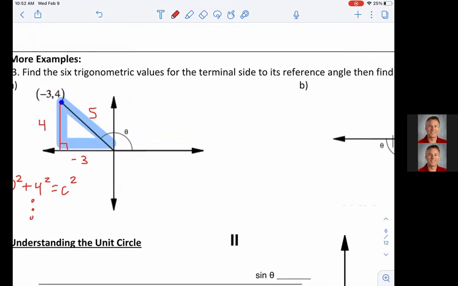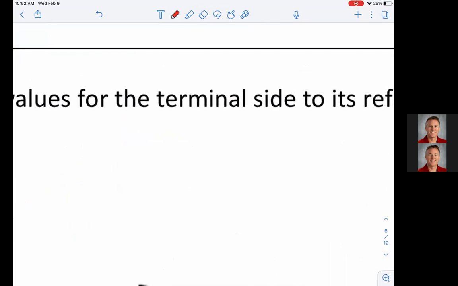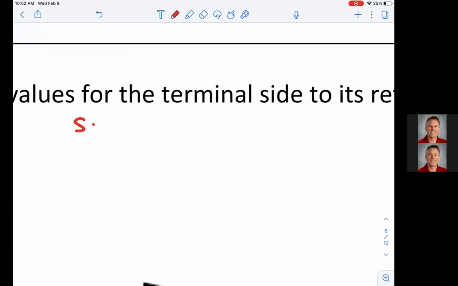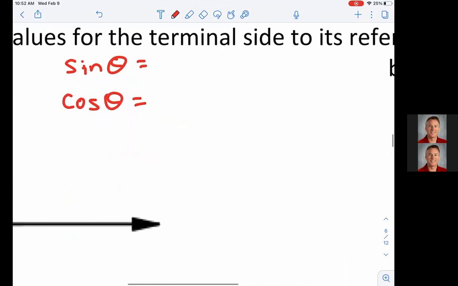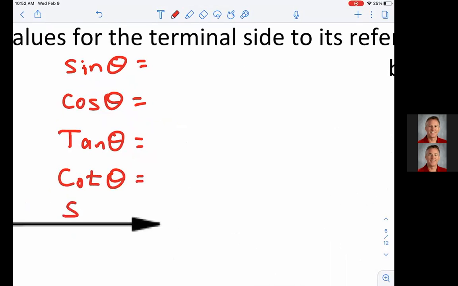So I want to find the sine, cosine, tangent, cotangent, secant, and cosecant. So let me write those down. The sine of theta, the cosine of theta, tangent theta, cotangent, secant theta, and the cosecant of theta.